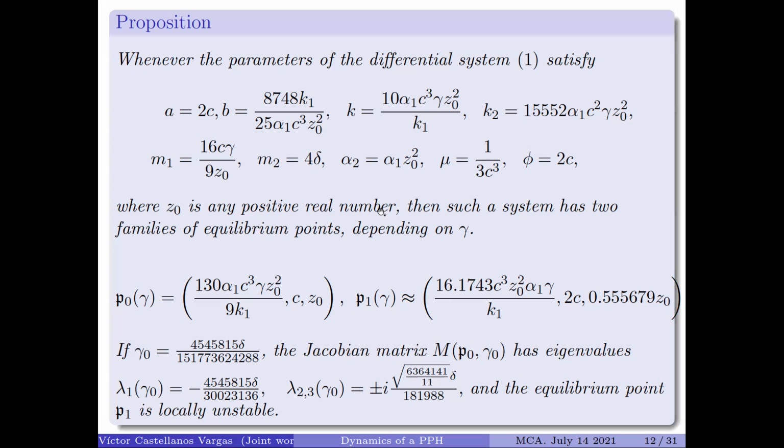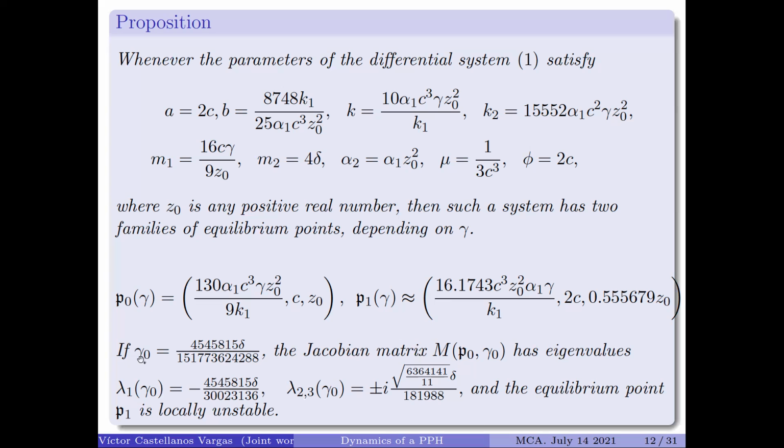Then such a system has two families of equilibrium points depending on the parameter gamma. This point has the form of this, and you observe that in the second coordinate, the point P0 has C, and the point P1 in the second coordinate has 2C. And then there is, in this sense, a relation between these two equilibrium points.